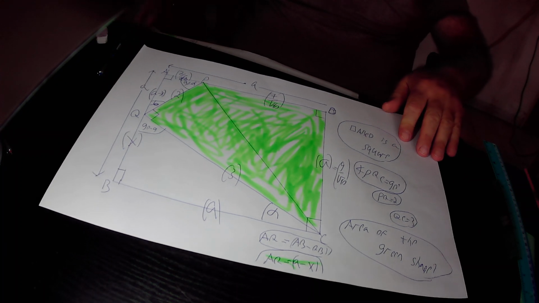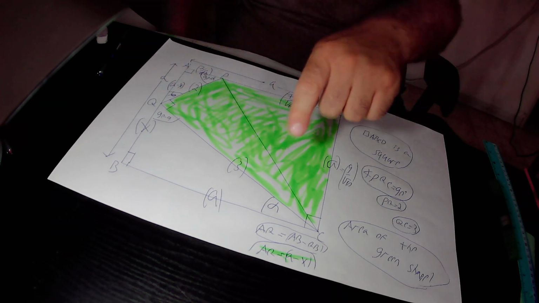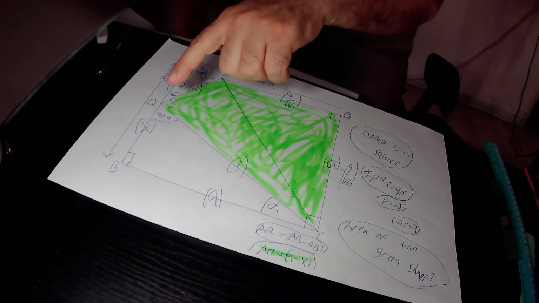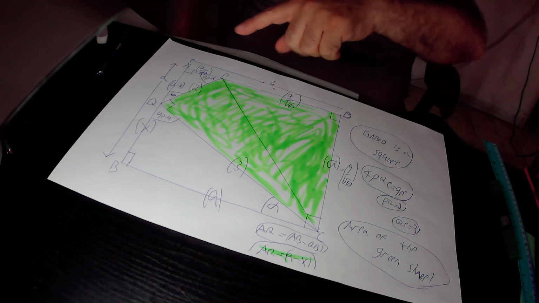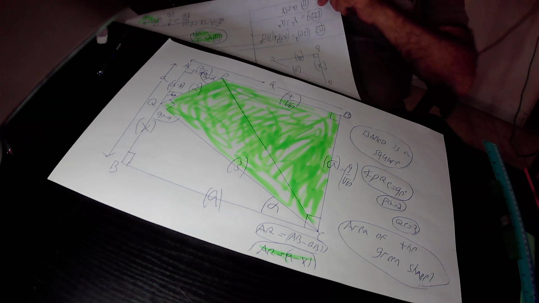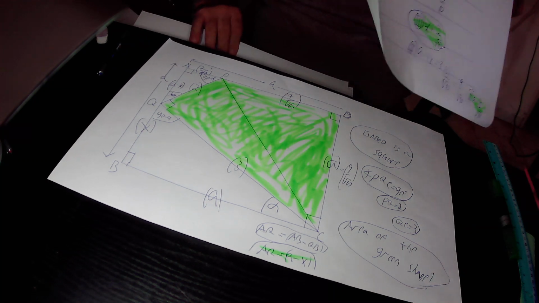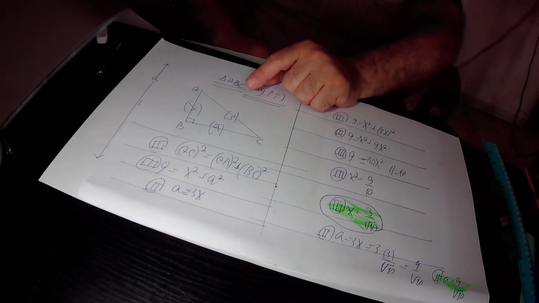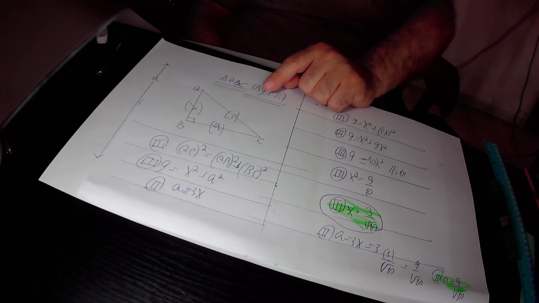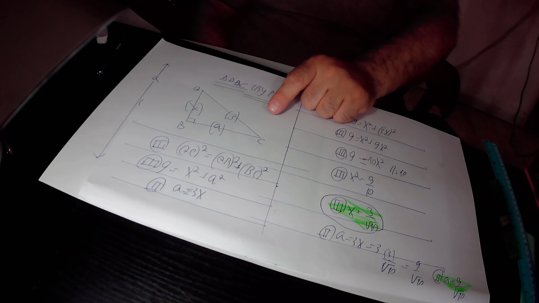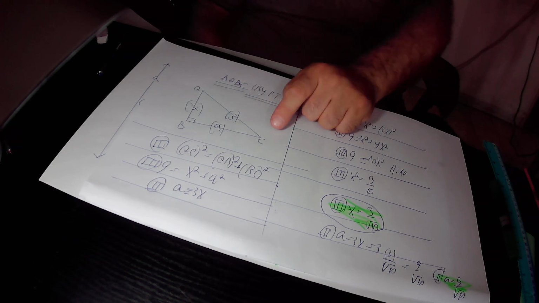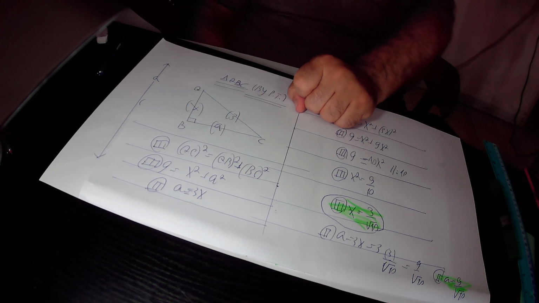In the next step, I copy the right triangle QBC onto a new page and apply the Pythagorean theorem to right triangle QBC from the original drawing. In this right triangle, QC squared, the square of the hypotenuse, equals QB squared plus BC squared.